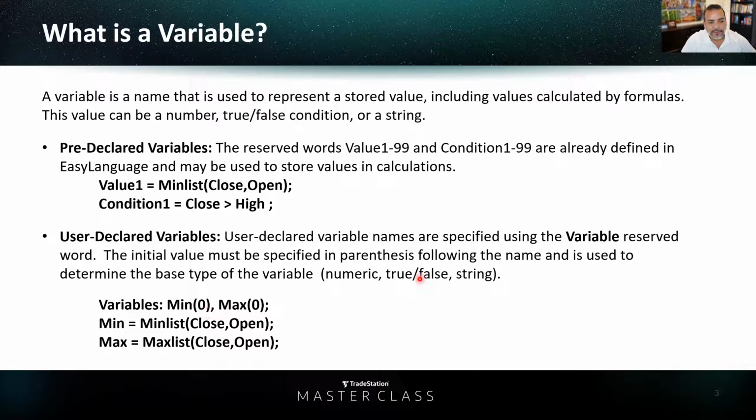Over here, the other type is true false. If you want a variable to hold a true false expression, inside parentheses, you would put the actual word, true or false. Doesn't matter which one you started off at, because again, in the code, you're going to have the assignment. You're going to tell what that expression is, and that's going to be either true or false. But the initialization can be any of the two words.